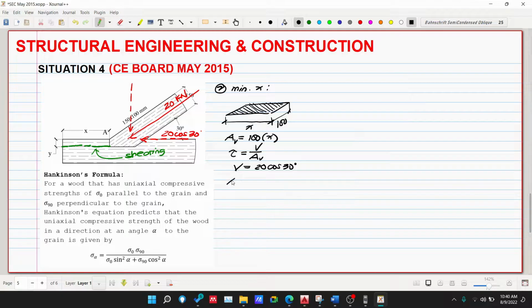Kaya makukuha na natin yung ating shear area. The shear area is equivalent to V na 20 cosine of 30 degrees over shear stress na 2.32. So that is megapascal, hindi ba? So that is Newton per millimeter squared. Ito, kilonewton. So convert natin into Newton para mag-cancel out yung Newton at ang matira na lamang ay millimeter squared.